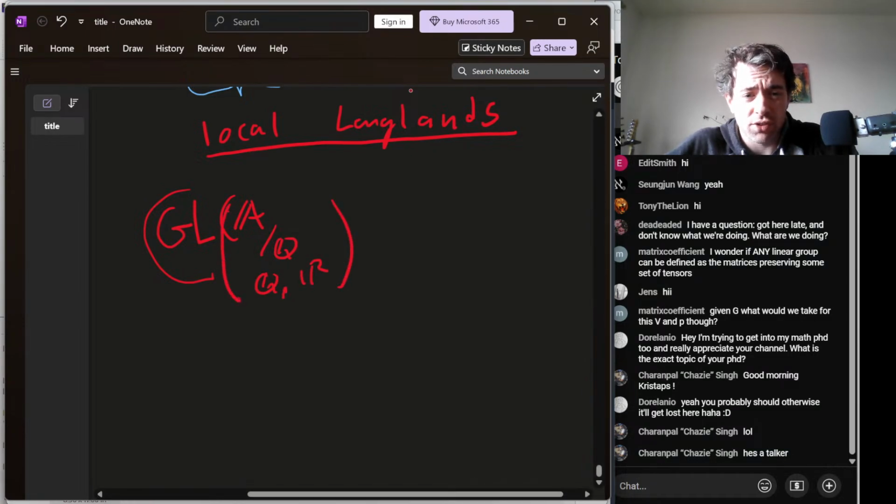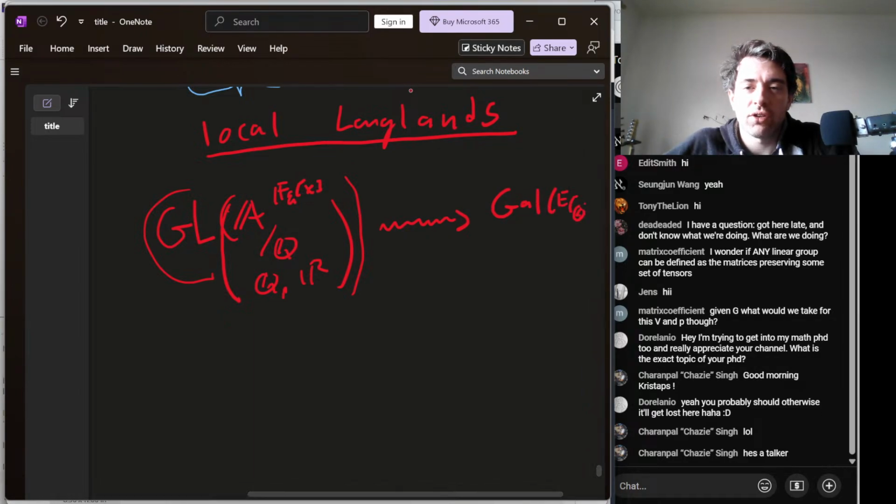And there's all of these different versions of Langlands, function fields, whatever. And so the point is just there's certain representations of certain groups, and they should line up somehow with Galois representations. So some, say, field extensions of the rational numbers or something.